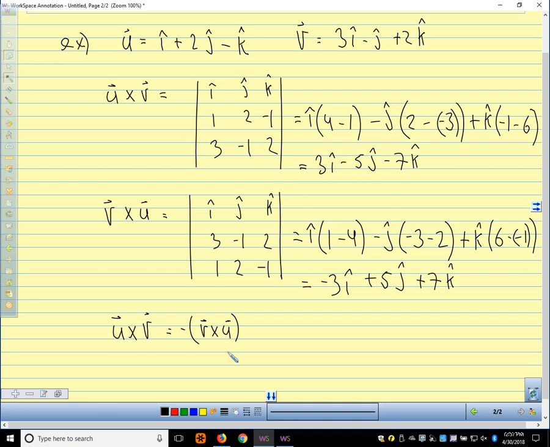So cross products do not commute. Why can't you change the order? Why is it negative? That's just the way it works. When you switch two rows, you change the sign of the determinant.